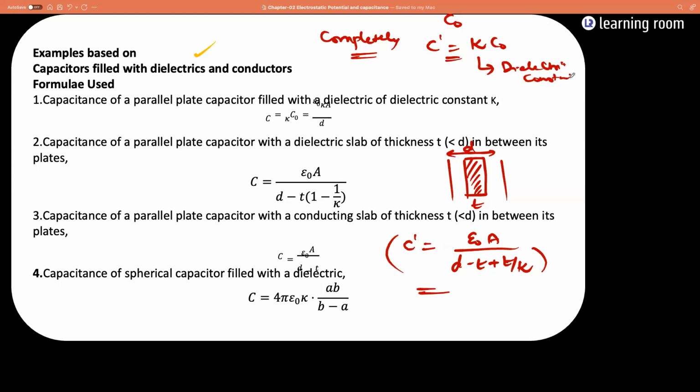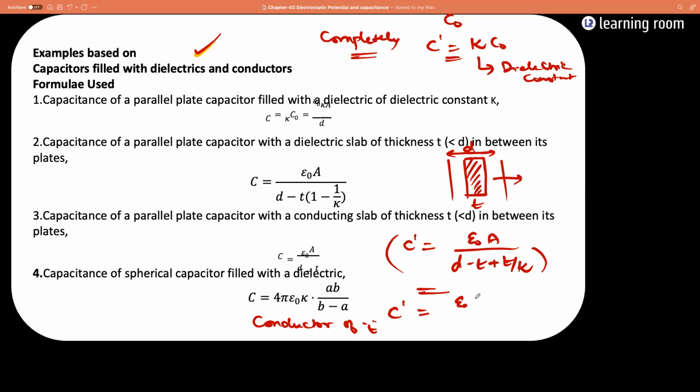Now I have a question. The topic is capacitors filled with dielectrics and conductors. If in this scenario you replace the dielectric with a conductor of thickness T, what would be the value of C dash?